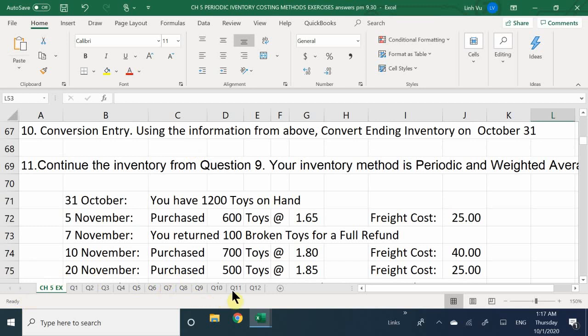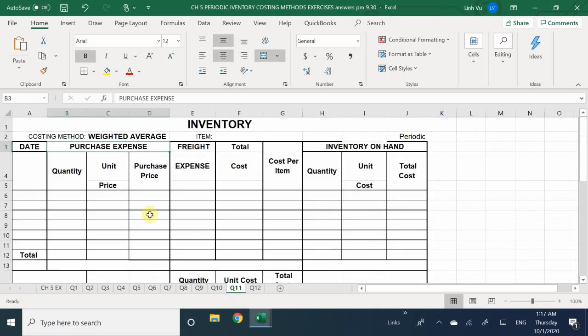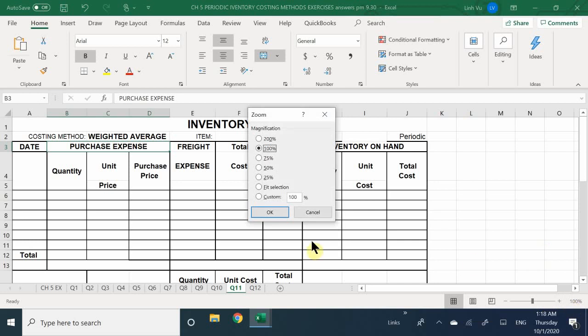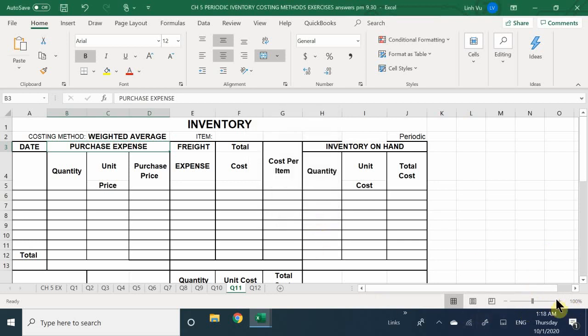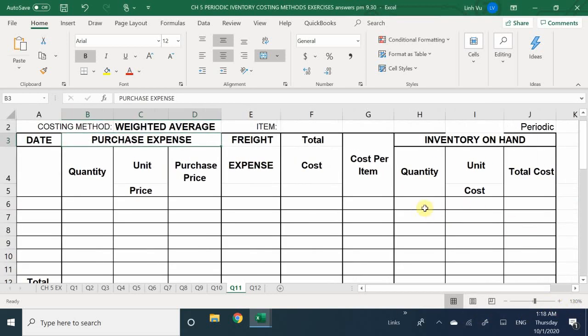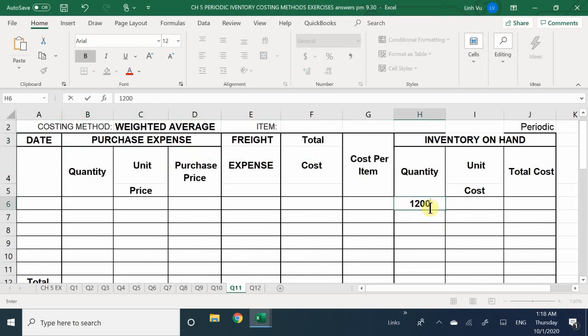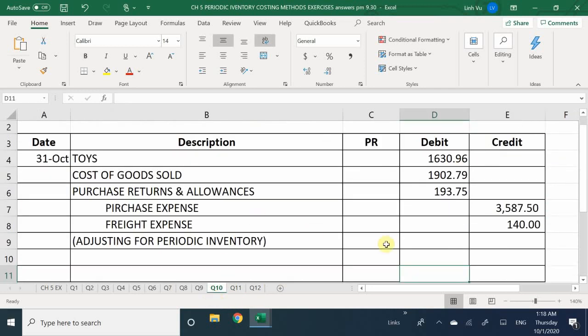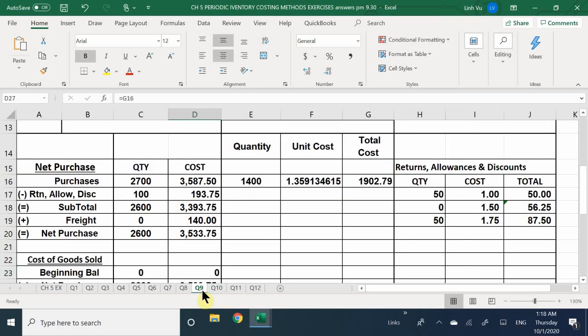So what I'm going to do is transfer that amount into my inventory on hand. So I know I have 1,200 items. And I know I'm going to take that whole 1,200 from our previous section here.